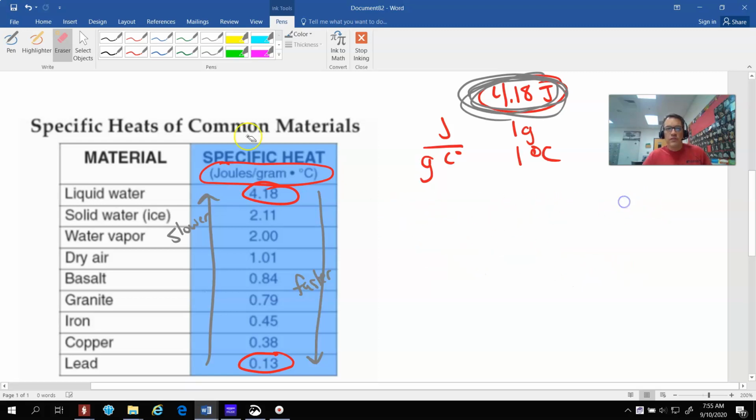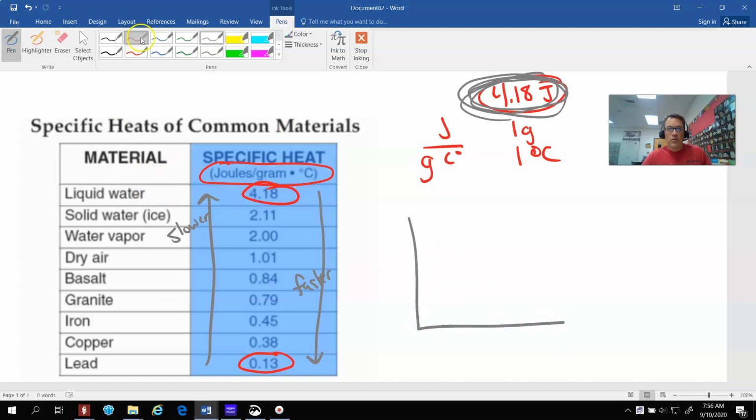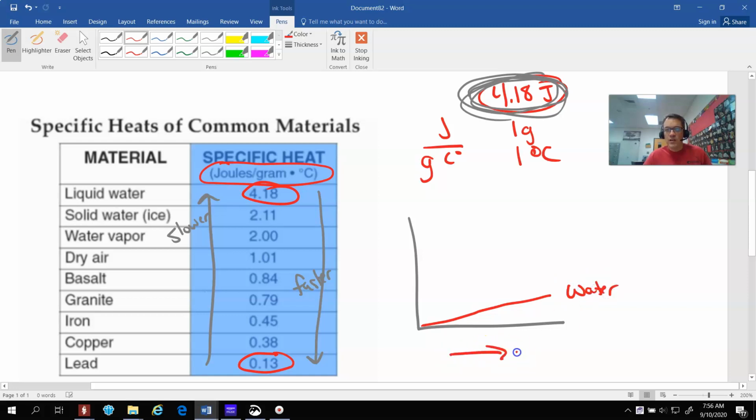If we were to graph this, what we would see is that if something's heating slowly, like the water, it would change temperature fairly slowly. It would be a flat line. So as we add energy, and if this is temperature, the water is going to heat very slowly, whereas the lead's temperature is going to increase very rapidly.